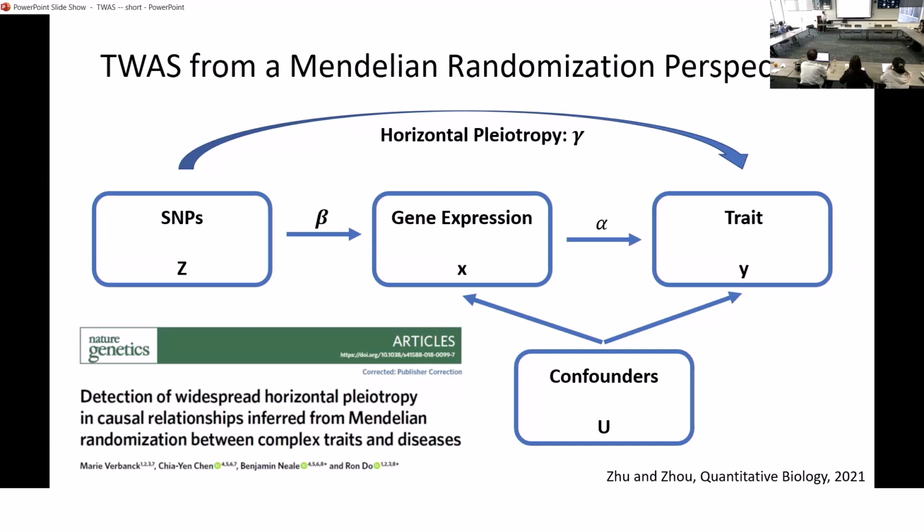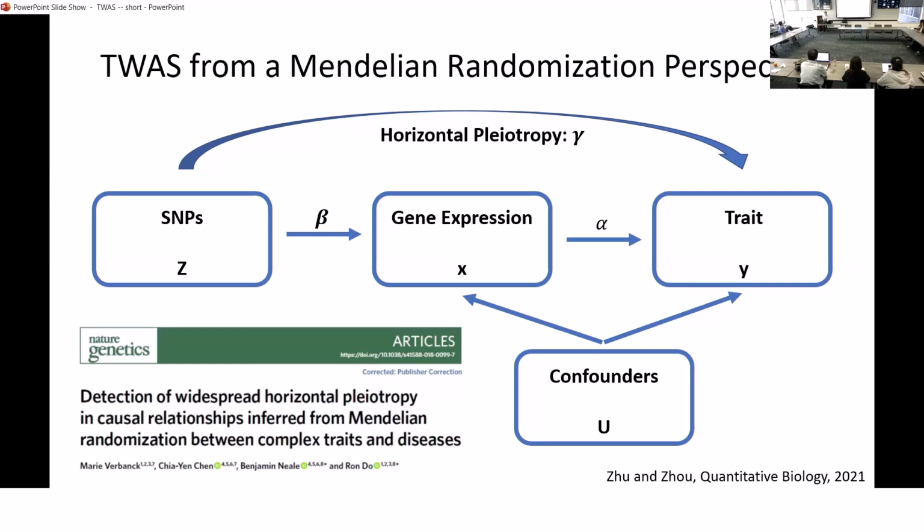And this is a huge problem. People usually refer to this effect as the horizontal pleiotropy effect, denoted as gamma over here. In fact, in standard Mendelian randomization, where people look at the causal relationship between two different traits, they found that there's widespread horizontal pleiotropy. So this turns out to be a huge effect.